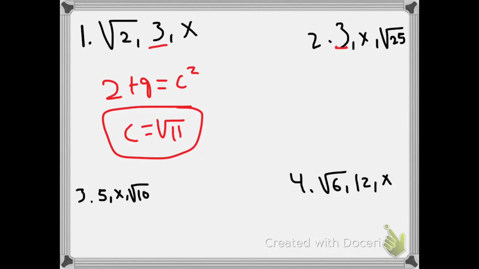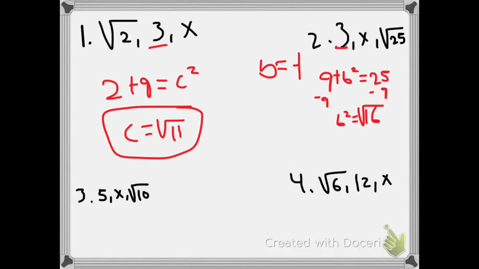So this squared is 9, plus b squared equals 25. Now we're going to subtract 9 from both sides. So we get b squared equals 16. The square root of 16 is 4, so our answer is b equals 4.